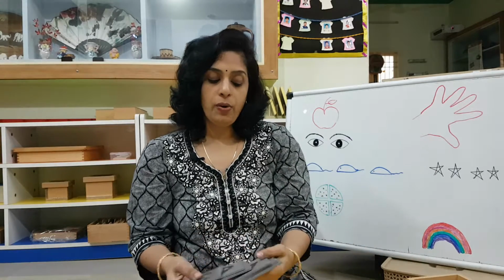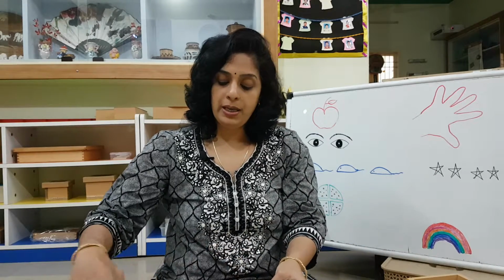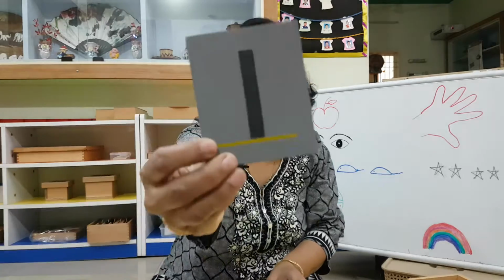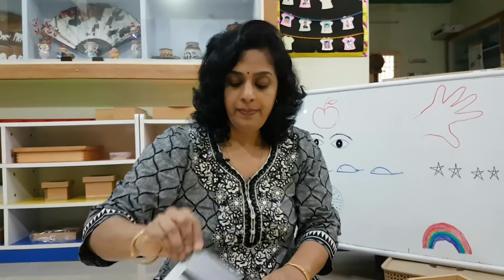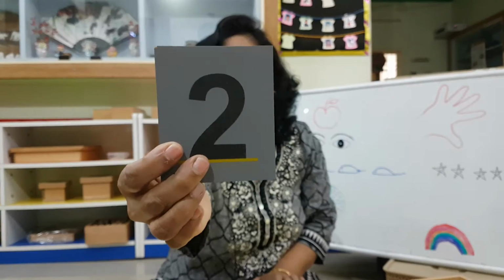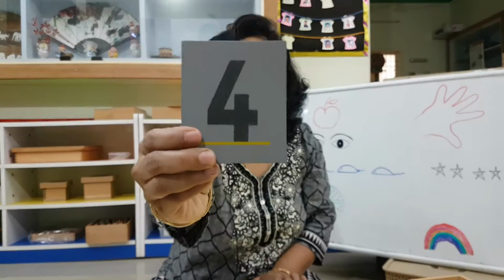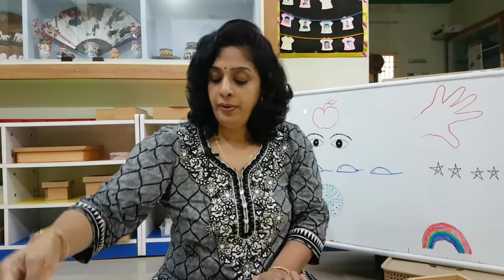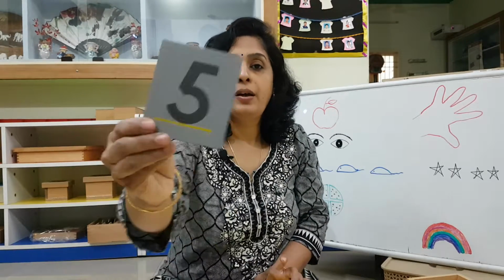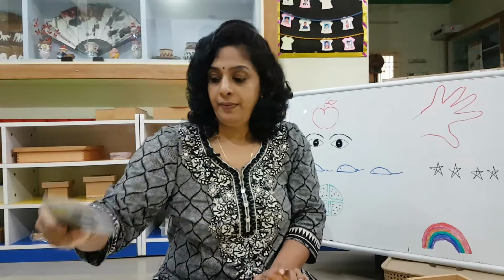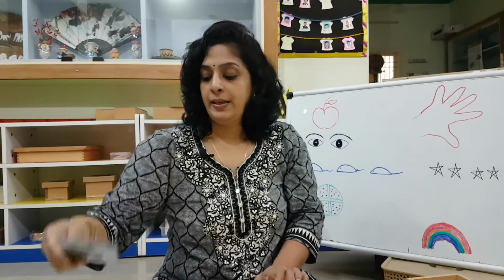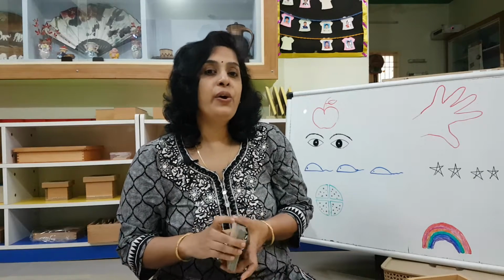Okay. So now we'll go in order. You can tell me what the numbers are. 1, 2, 3, 4, 5, 6, and your new number.